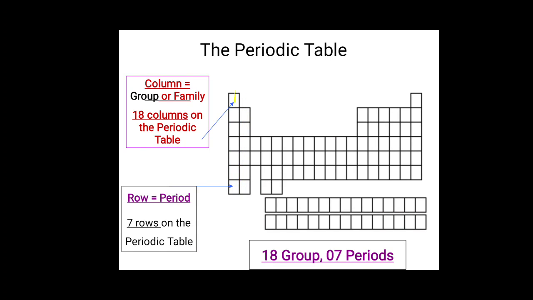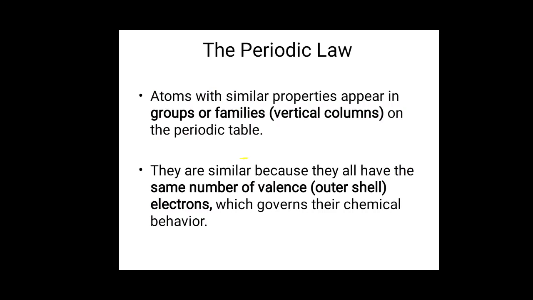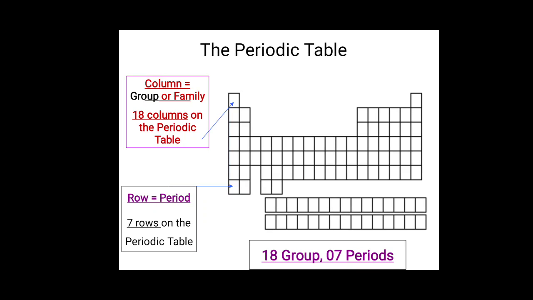There are 18 columns or groups, and there are horizontal rows, and rows are called periods. There are 7 periods in the periodic table.